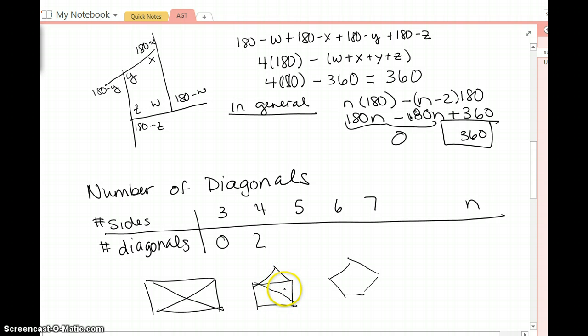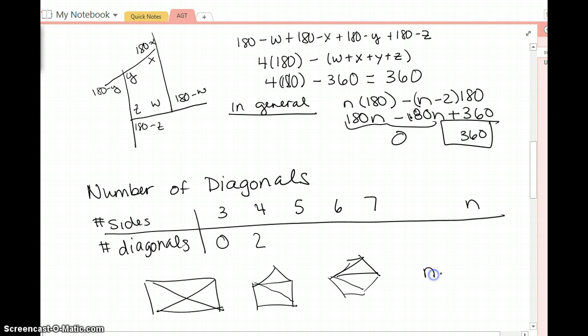At 5, there are 2 that can be drawn from each vertex. At 6, I drew another pentagon, there are 3 diagonals that can be drawn.